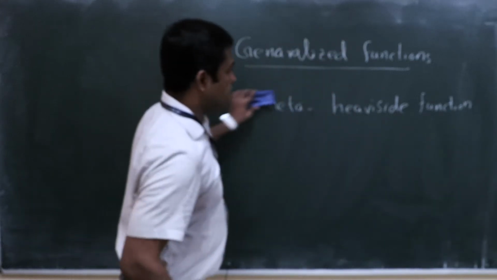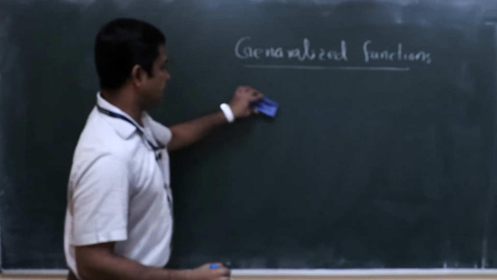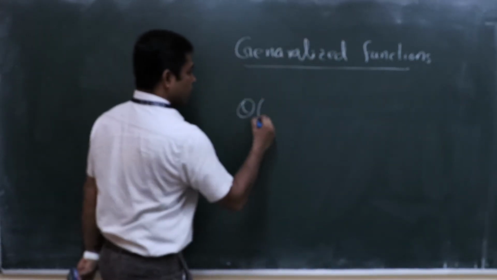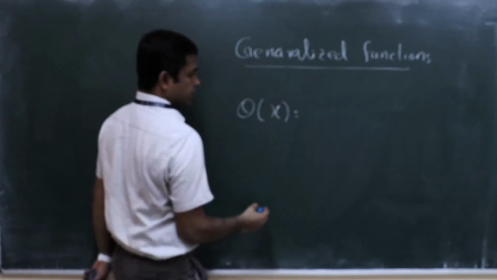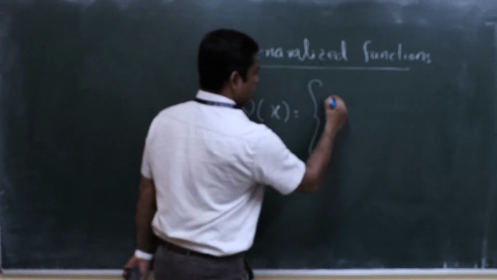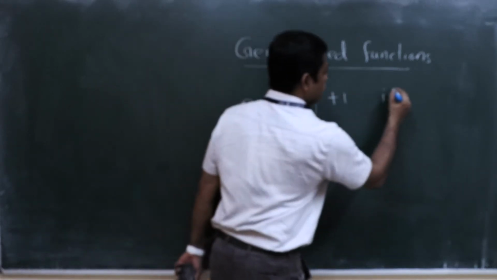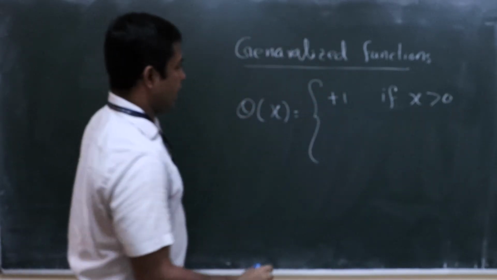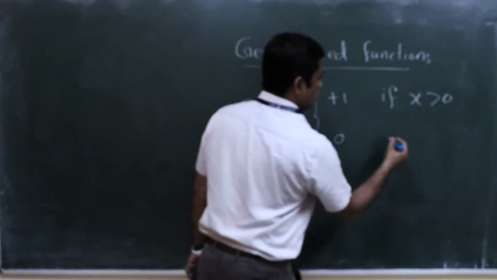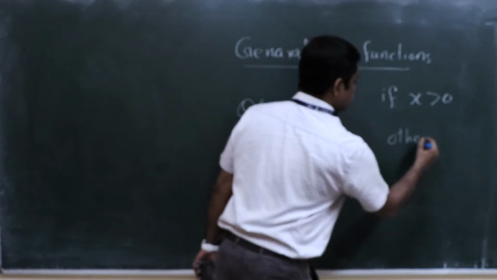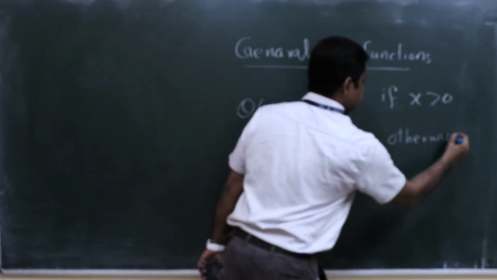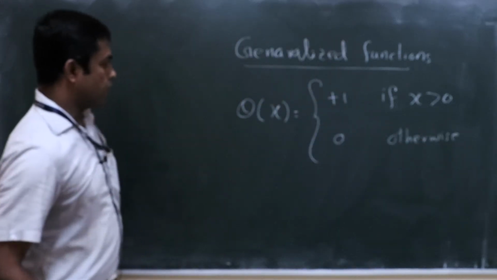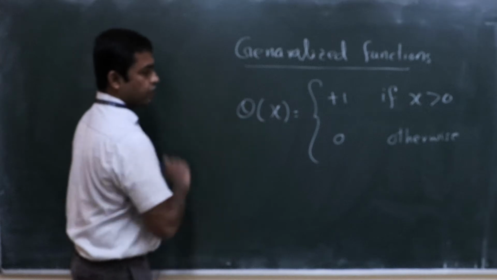Have you come across the function where theta of x is equal to plus 1 if x is greater than 0 and 0 otherwise? This is called a Heaviside function.